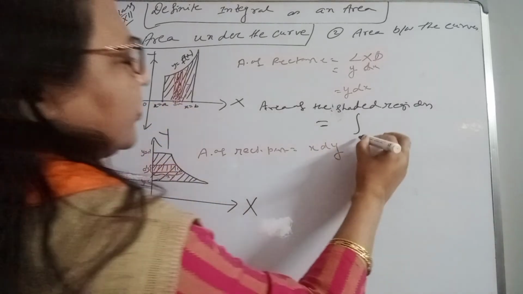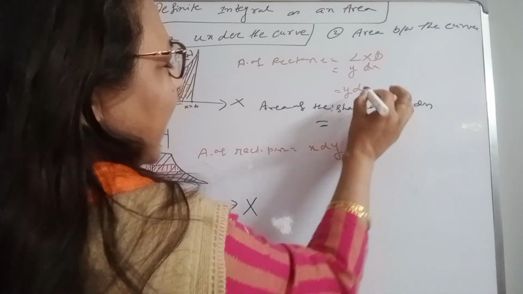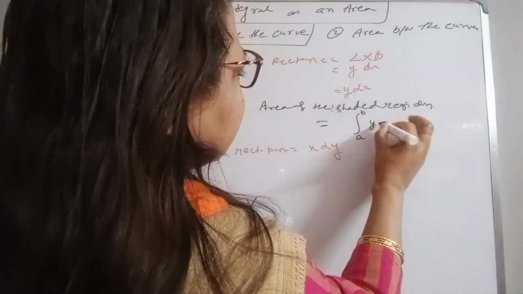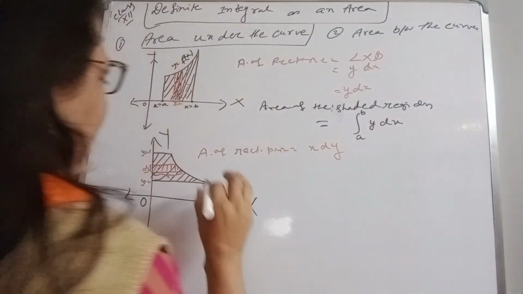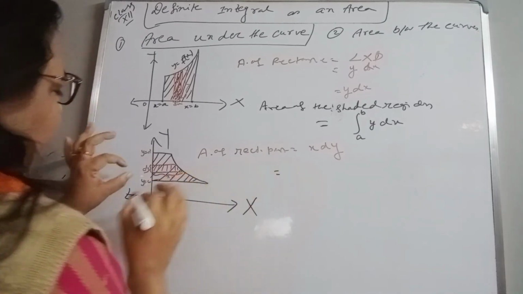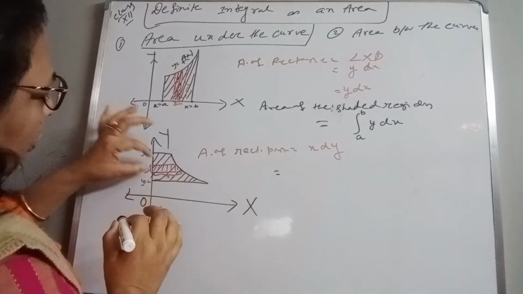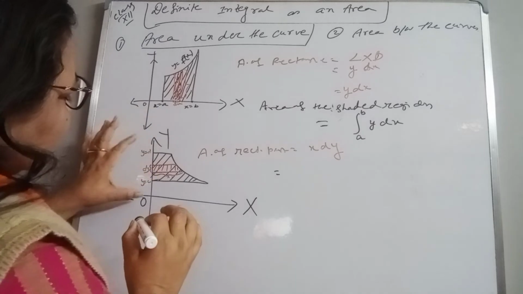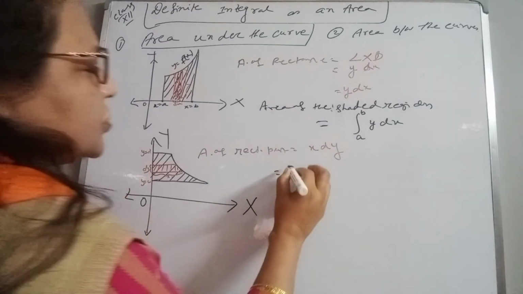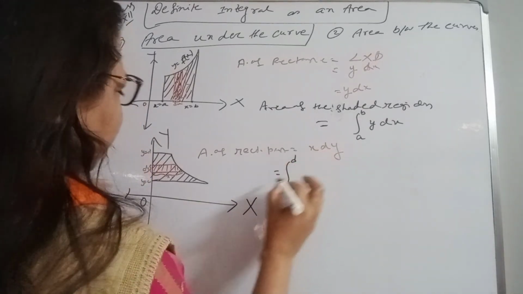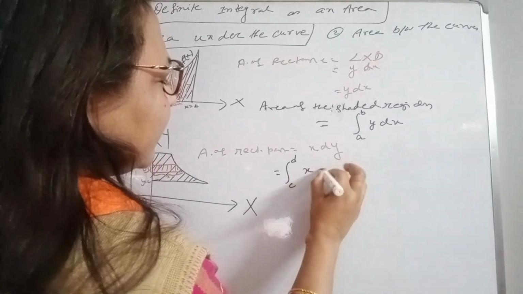Within a to b, the area is the integral of y dx. Here the strips vary from c to d, so between c to d the area is the integral of x dy.